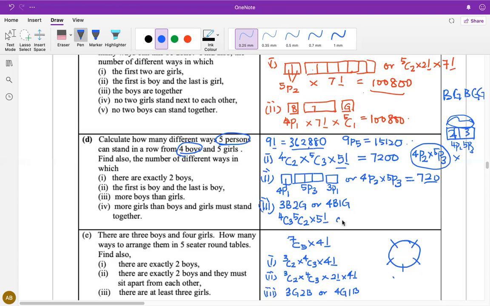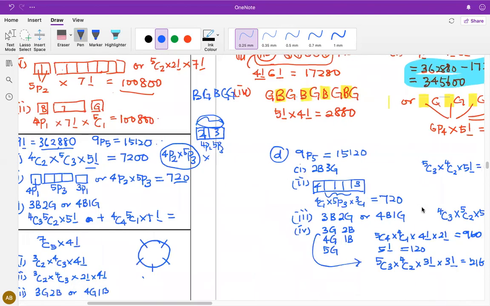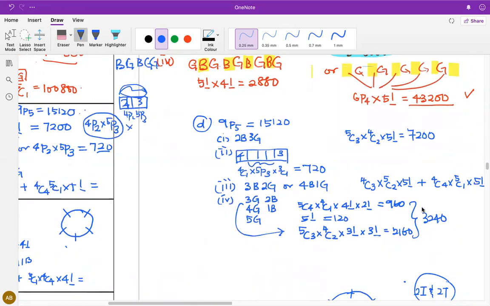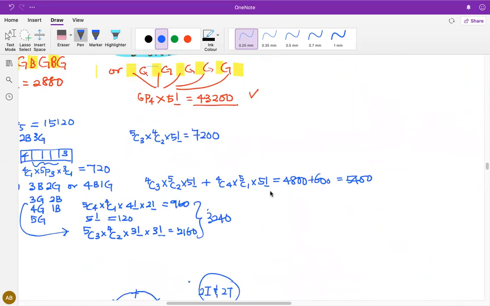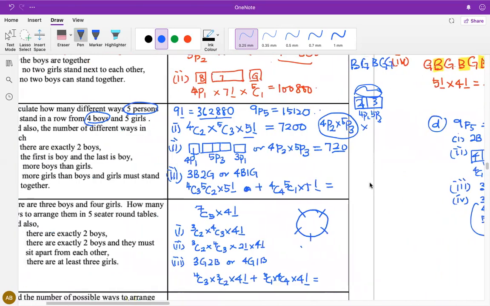Then you arrange them. Then you have to plus the 4 boys. We choose 4, and then we choose 1 girl, multiply 5 factorial. Okay. So this one. Okay. So you get 5400.